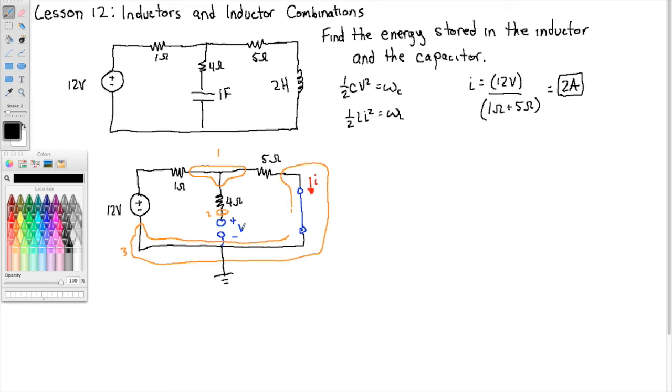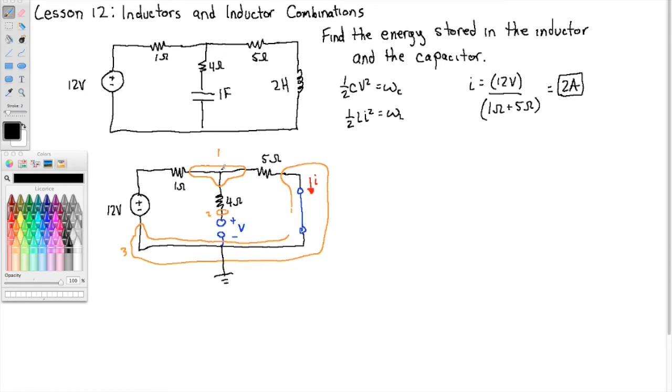So in trying to find V, we're looking for the voltage from 2 to 3. And we're calling node 3 ground, 0 volts. So we're looking for the voltage at 2. Well, we've already said that no current goes through the 4 ohm resistor, so there's no drop across the 4 ohm resistor. So let's find the voltage at 1.